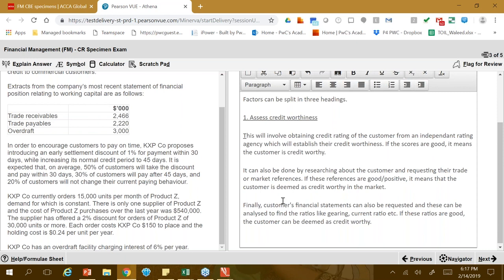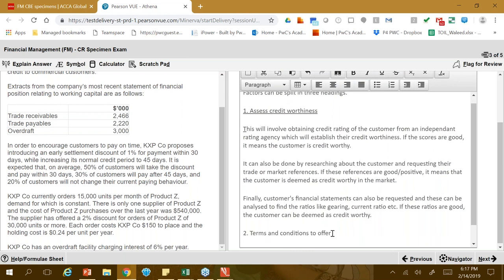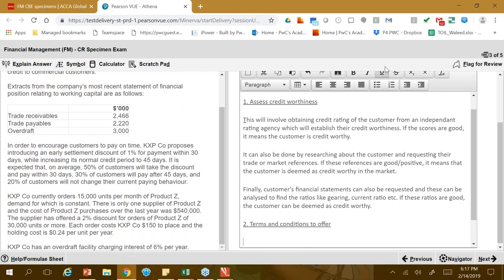Second heading is terms and conditions. Terms and conditions to offer. Now, can you tell me what the terms and conditions are that you will look to offer to customers? Or what are the things that you will think of within the terms and conditions heading?